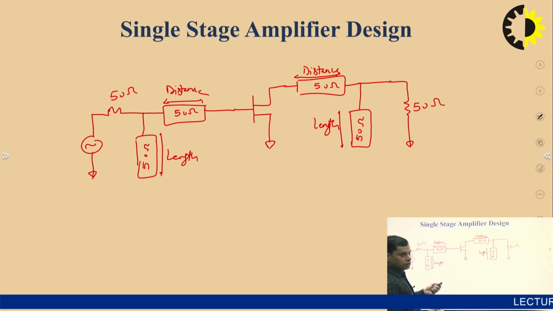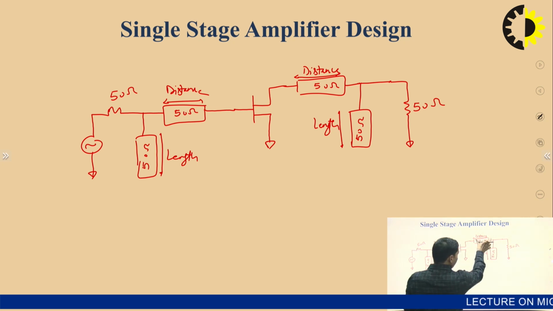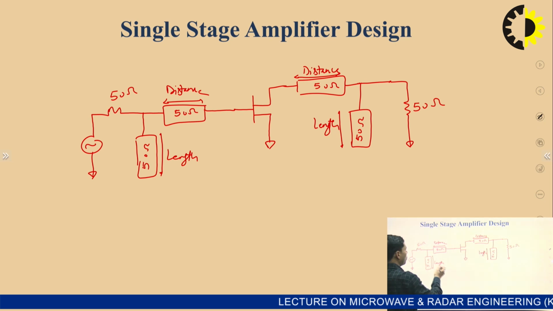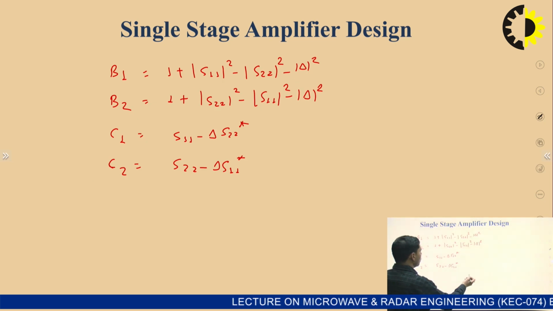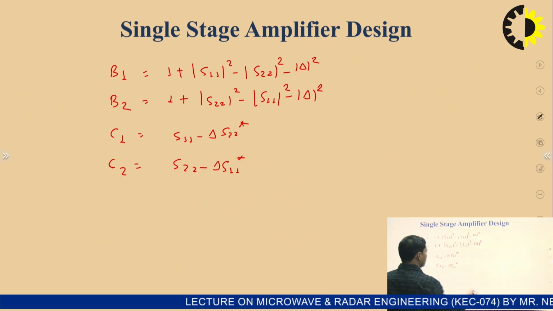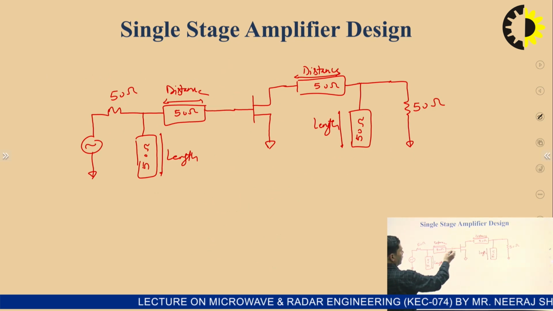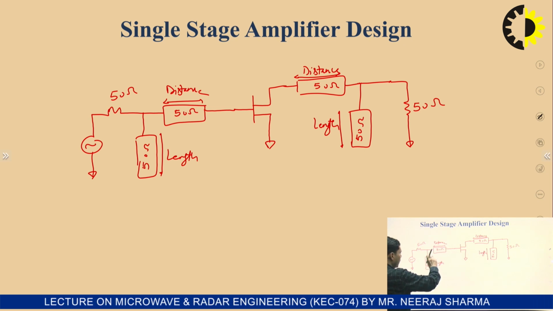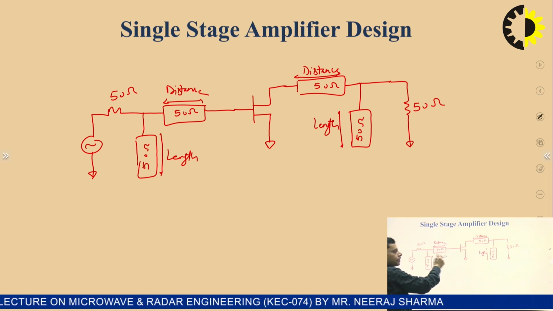So this will be the transistor, and at some distance a stub of some length is connected onto the output matching circuit. Similarly, for the condition rho s equals rho in conjugate, at some distance we can connect another stub of some length at the input end.